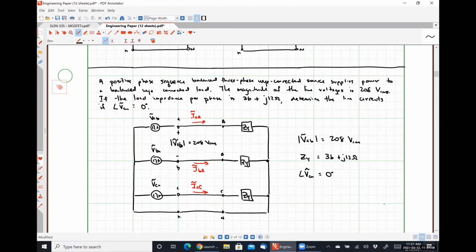Because we have a balanced three-phase system, we could fairly easily determine that VBC lags VAB by 120 degrees and VCA lags VAB by 240 degrees, but we don't know what the actual phase angle of AB is because we're only given the magnitude. The only phase angle that we know for sure is the phase angle of VAN, our phase voltage, not our line voltage.